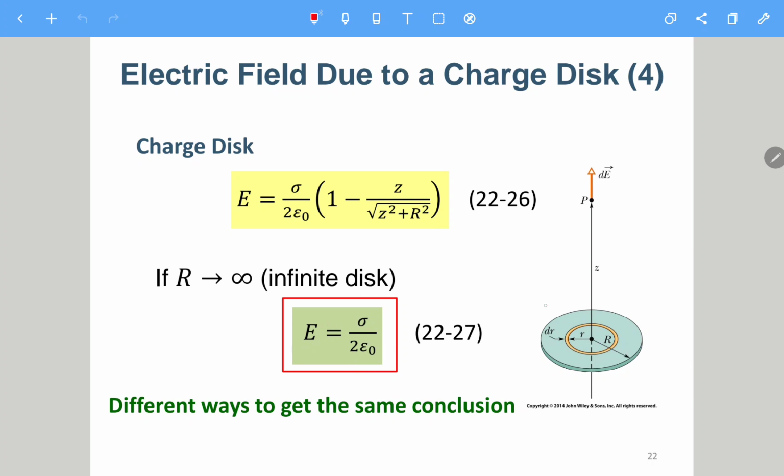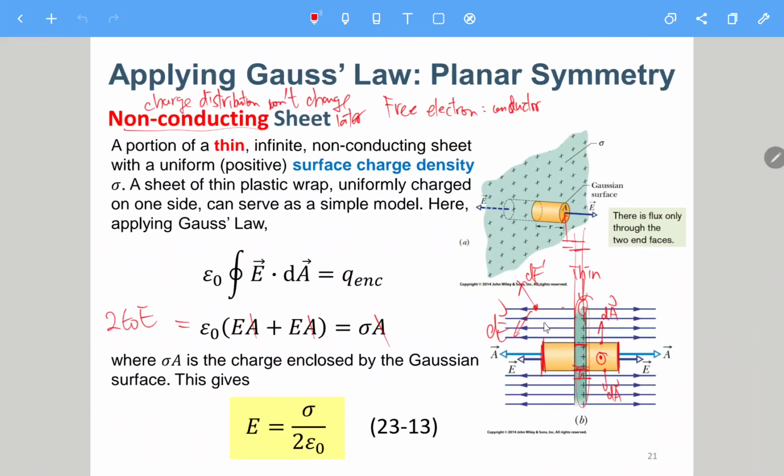For the top part, the E field points upward, and for the bottom part, the E field points downward, but the magnitude will be the same. And here we use the Gauss law, so the calculation will be like 1, 2, 3, and we get the answer already.